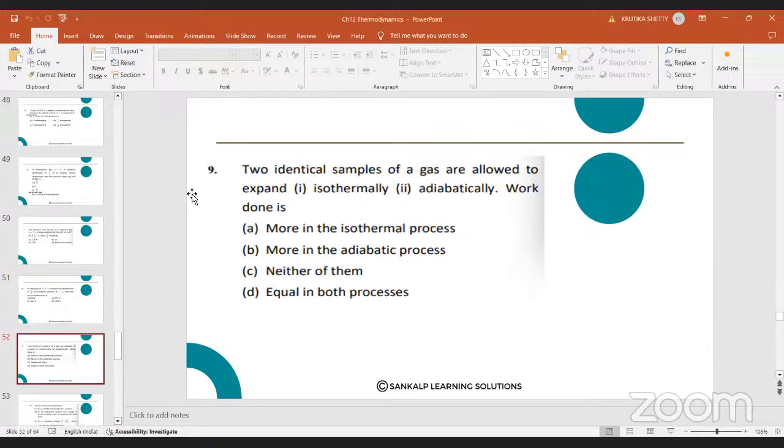Two identical samples of a gas are allowed to expand isothermally and adiabatically.